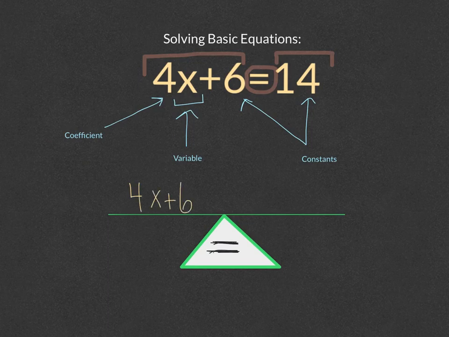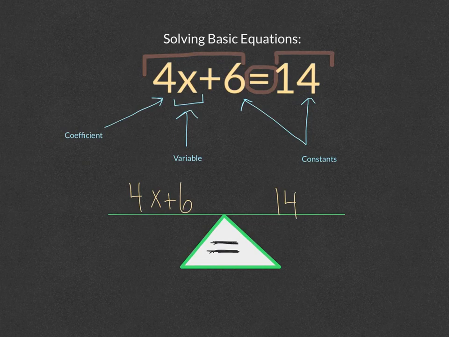On the right side of the scale, we end up with 14. What we want to do is solve for x, meaning we want to get this x right here all by itself. But we need to keep our scale balanced at all times, meaning whatever we do to one side of the scale, in order to keep it balanced, we have to do to the other side of the scale.